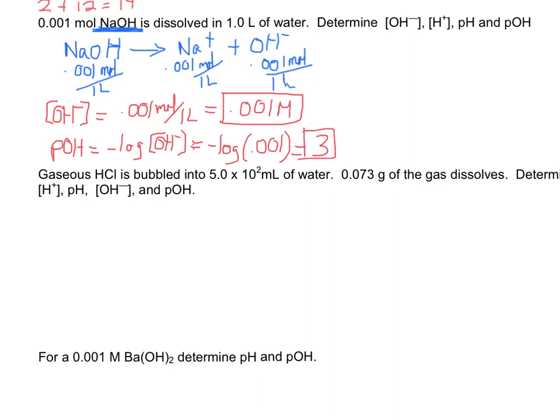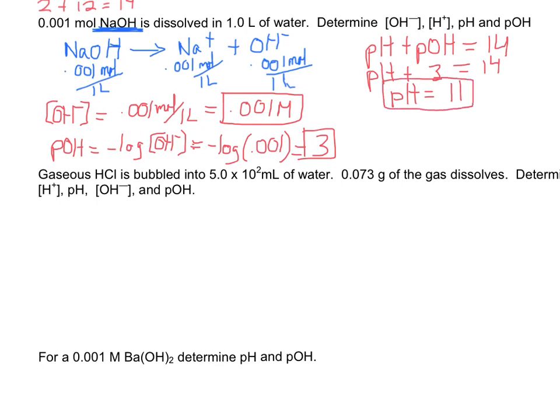Then we can find the pH from that. So pH plus pOH, we know for any solution, is equal to 14. So pH plus 3 is equal to 14, so pH is equal to 11.